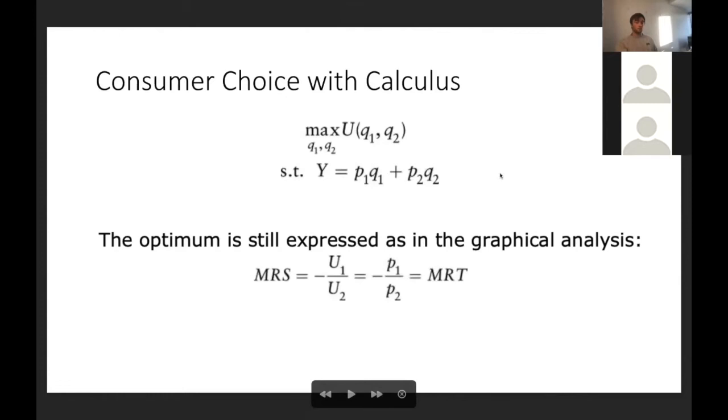You're looking to maximize your utility of these two goods such that Y, being your budget constraint, we'll see that denoted M sometimes, just how much money you actually have to spend on the goods, is equal to the quantity of good one times the price of good one plus the quantity of good two times the price of good two. And the optimum, or the point of optimality, is expressed via the graphical analysis where the marginal rate of substitution equals your price of good one divided by your price of good two.